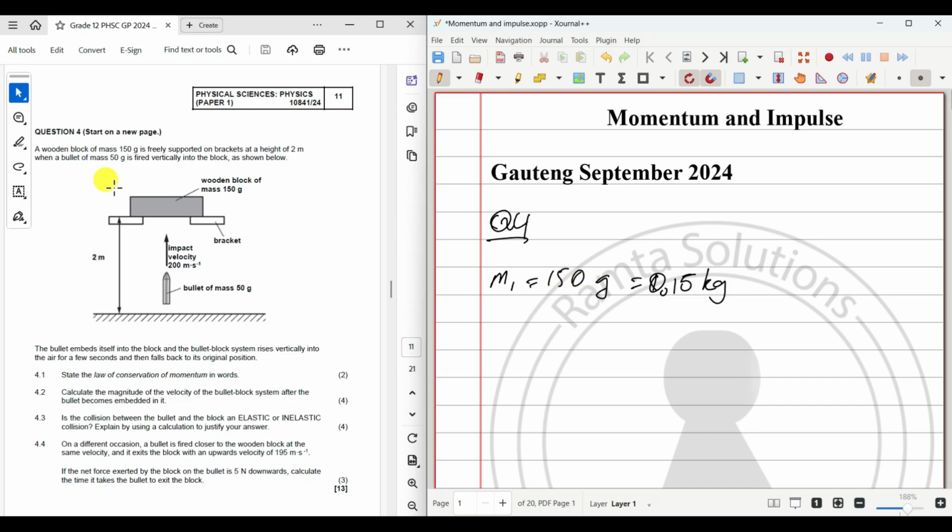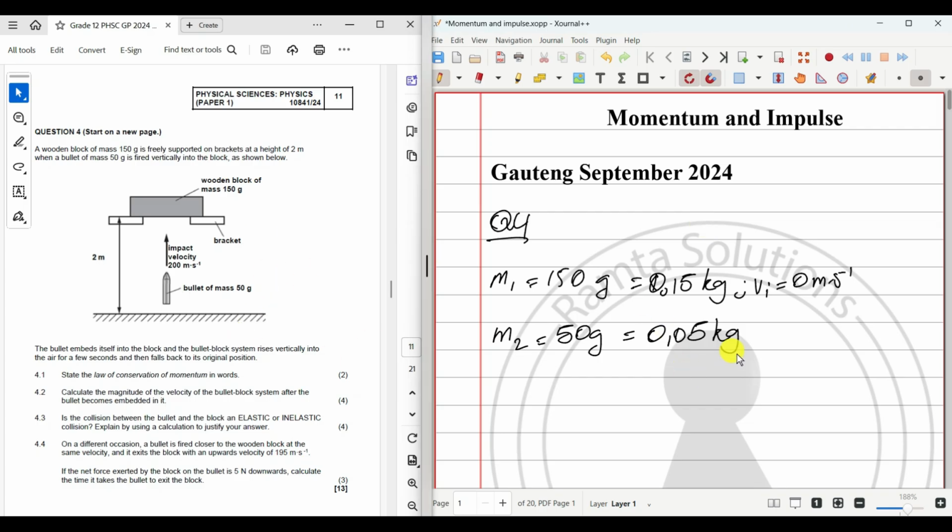When a bullet of mass 50 grams, mass 2, so dividing this by 1000 you get 0.05 kilograms. They say the block is freely supported, so it means its initial velocity is 0. When a bullet is fired vertically into the block as shown below.